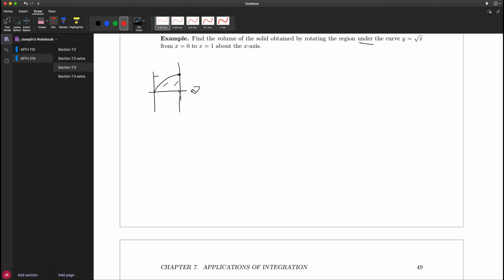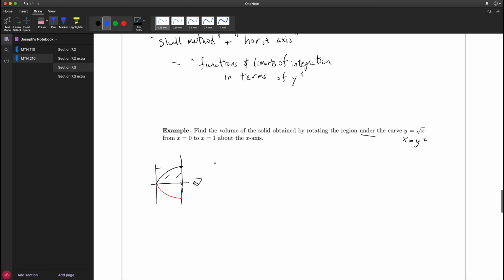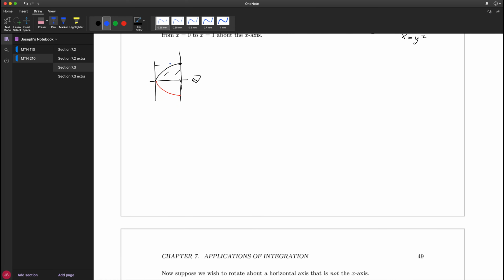Our first observation should be, oh, I have a horizontal axis and I'm supposed to use shell method, so I need everything in terms of y. What that tells me is that x equals y squared. Just change that. Now let's see if we can determine what the cylinder will look like.